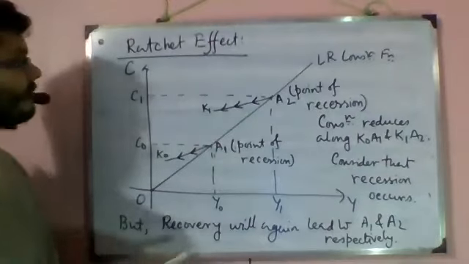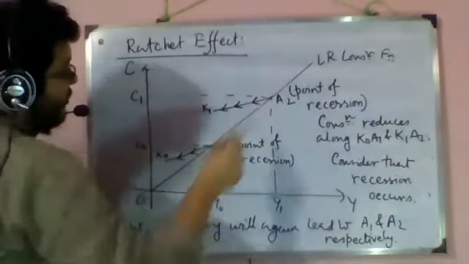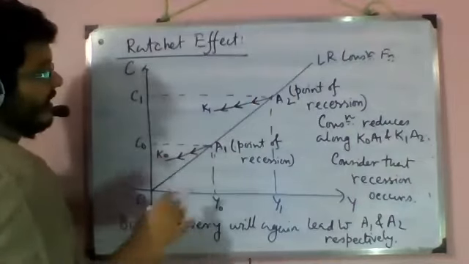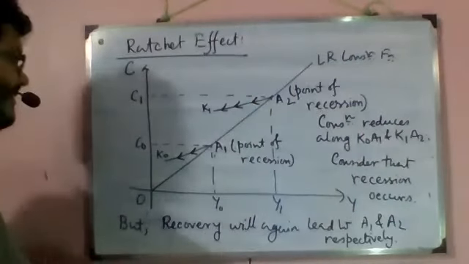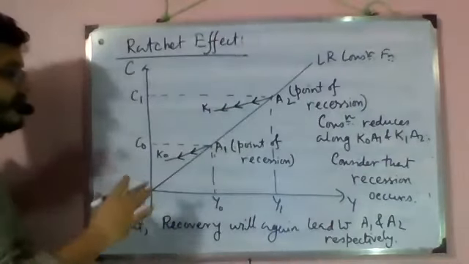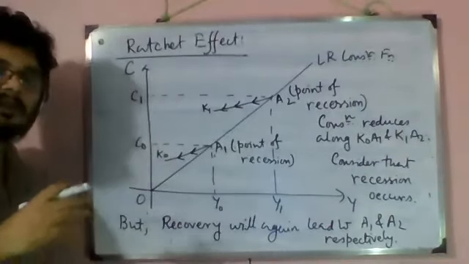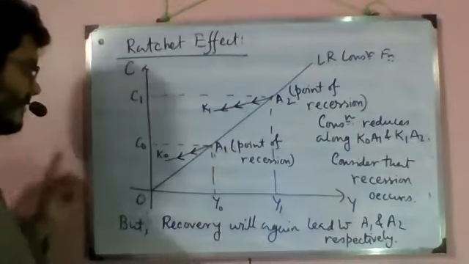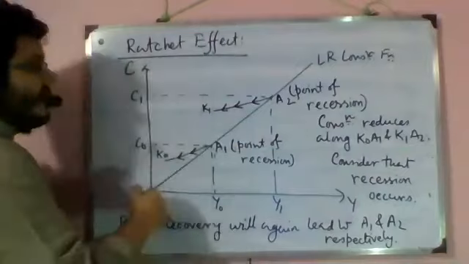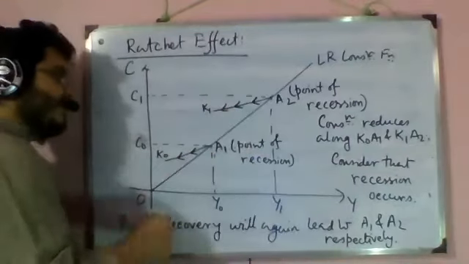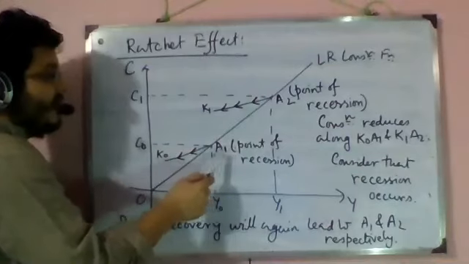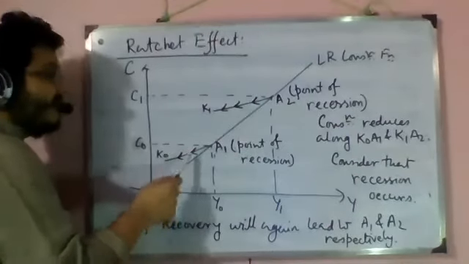Okay. So that is how long run growth of income and consumption in recessionary situations are related. This whole scenario gives us what Ratchet effect is. I'll go at it again. So this is long run consumption function. Income grows along this line. In long run, consumption will follow it. In recession, income reduces along trend line, but consumption cannot.